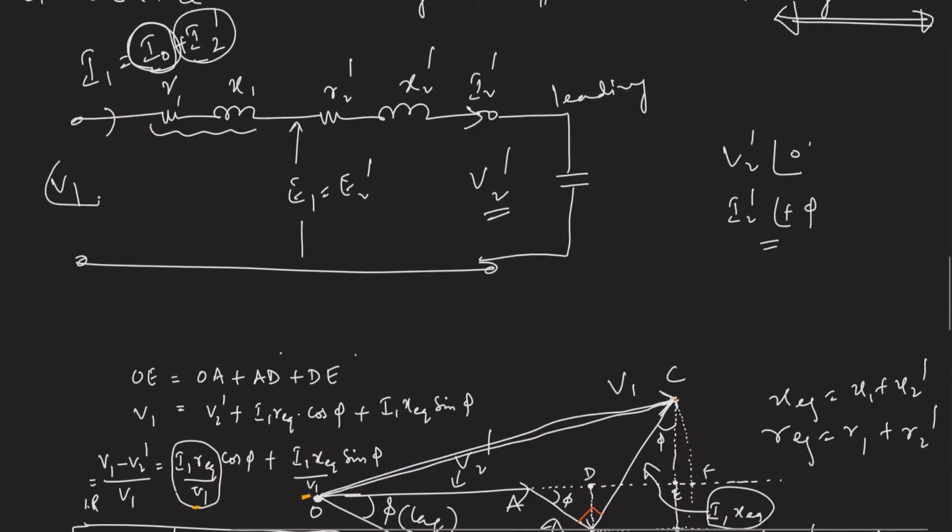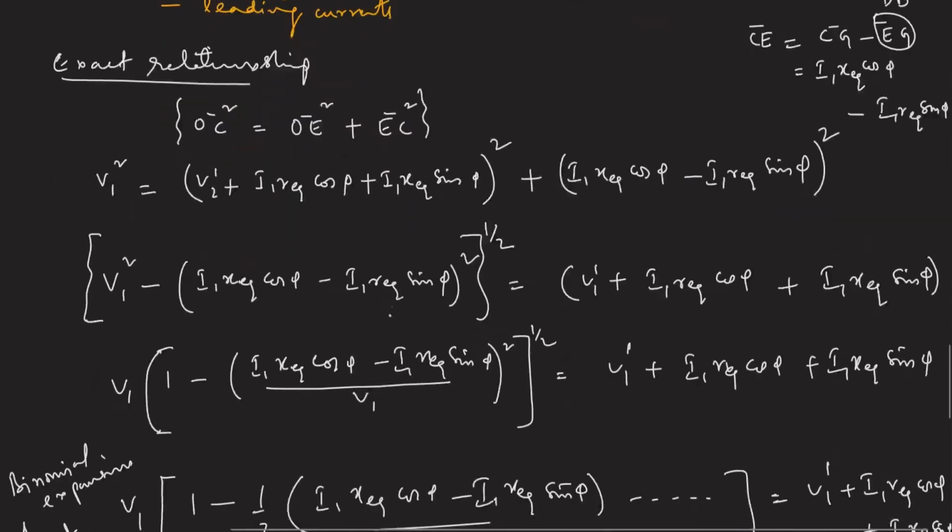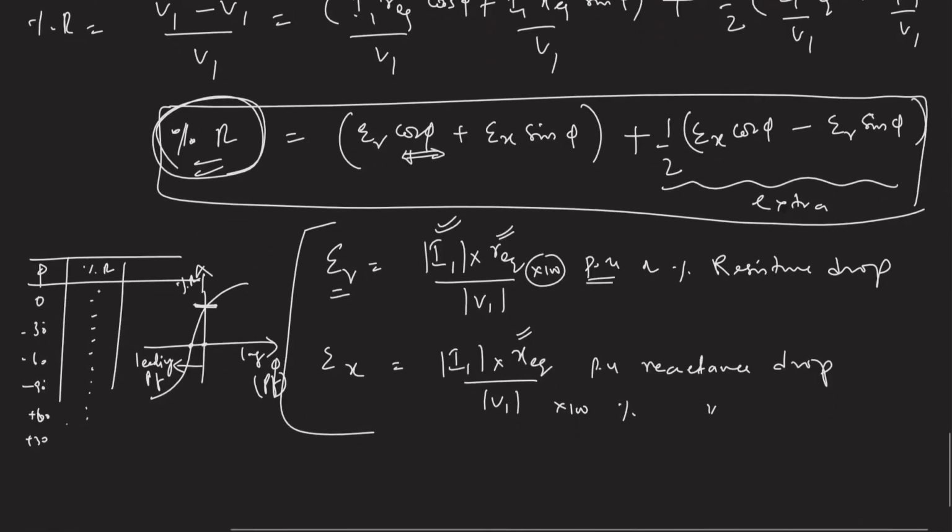Whatever input voltage we give, we have the same voltage at the secondary terminals of the transformer. So there is no change in voltages, primary and secondary, in magnitude. There may be a phase displacement. This is V1 and this is V2 prime, they may be phase displaced, but they have the same phasor lengths, right? Under that condition we get zero regulation.